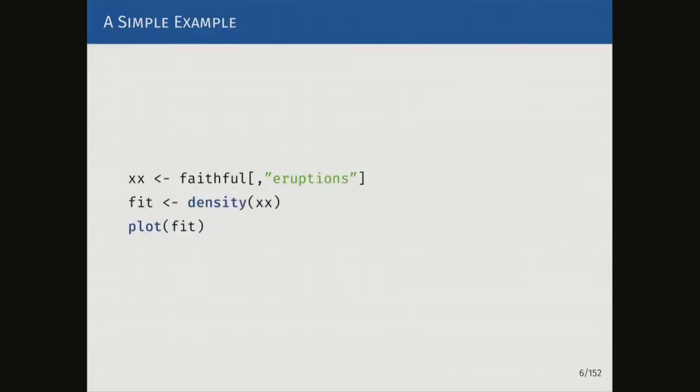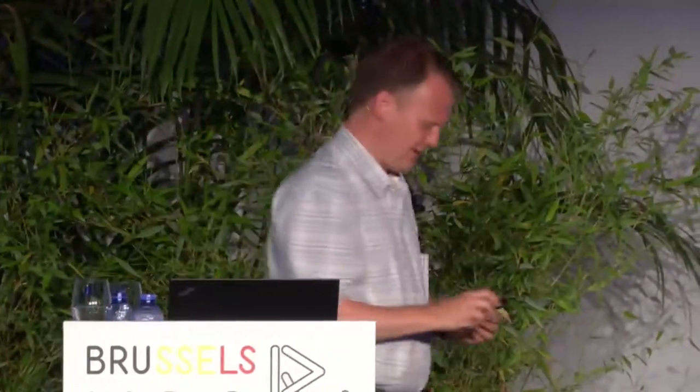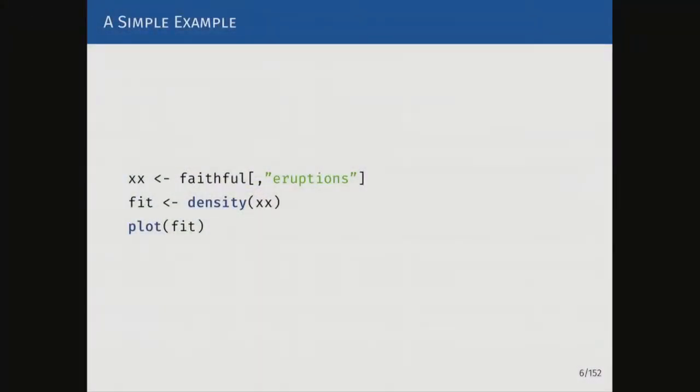Preaching to the choir. We're all here for a couple of days, celebrating R, learning R, using R. An example I've been running with for a couple of years because it's pretty nifty, I find, and I think you'll see as well. So we're all familiar with those 3 lines, right? We don't even have to load data. There are sample data sets that come with R that we can study.